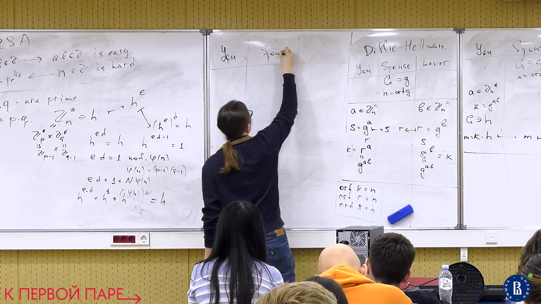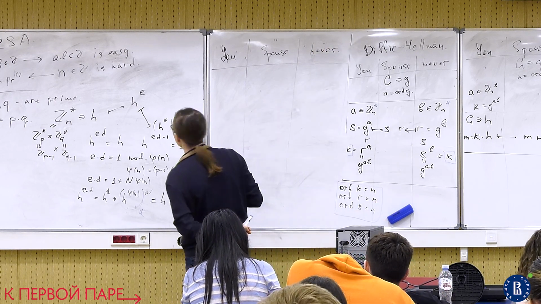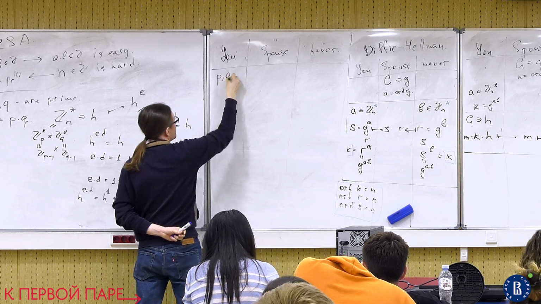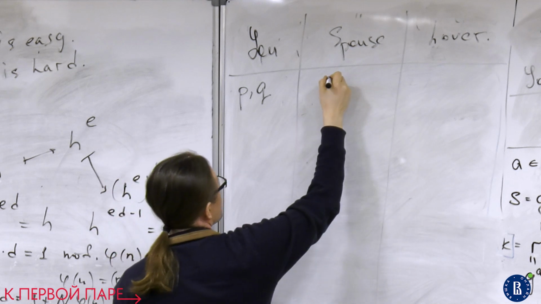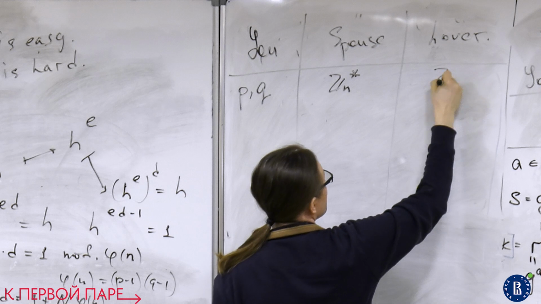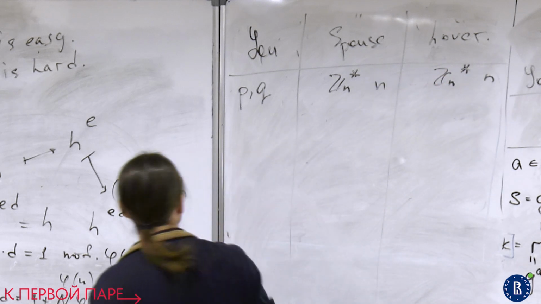Suppose you love. The common information is n; the secret information that only you know is P and Q. Everyone knows Z n star. So the element n is known to everyone.